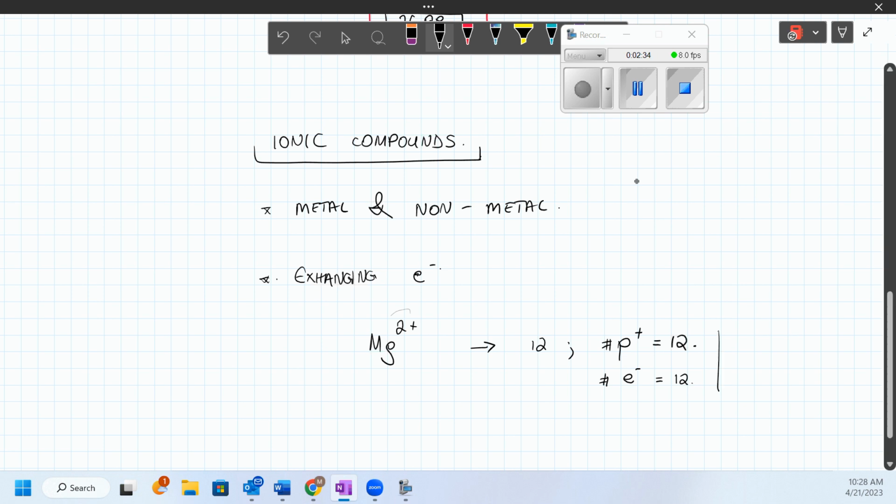Being in the 3rd period of the periodic table means that we have 3 shells where the electrons are distributed.